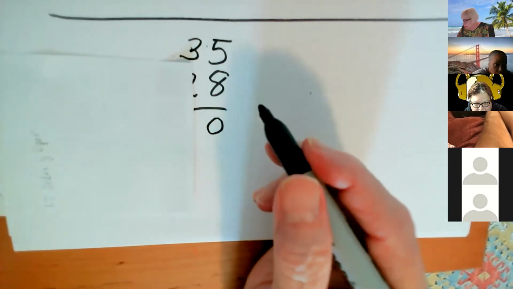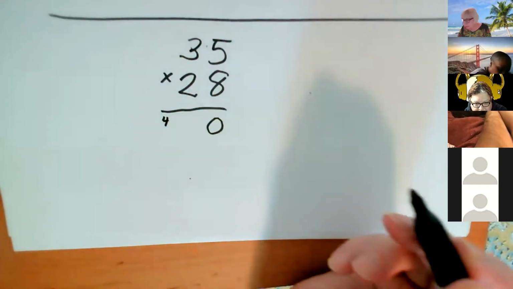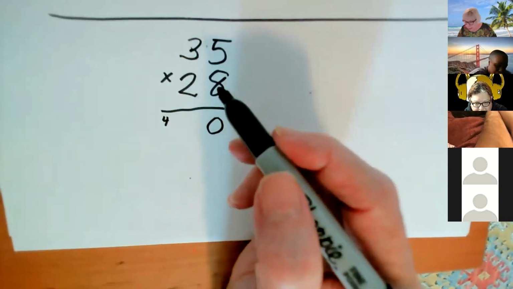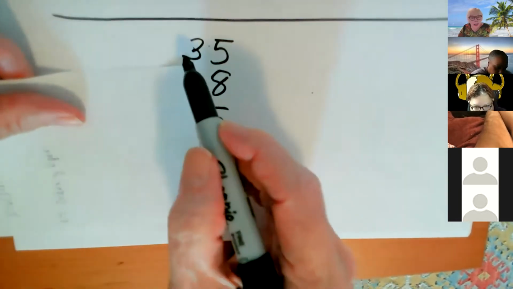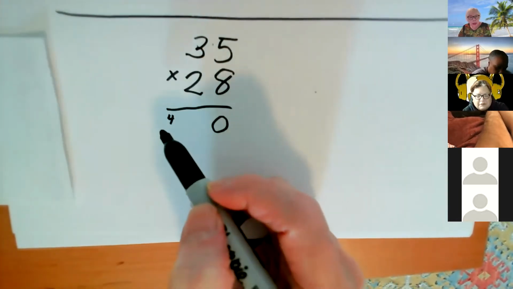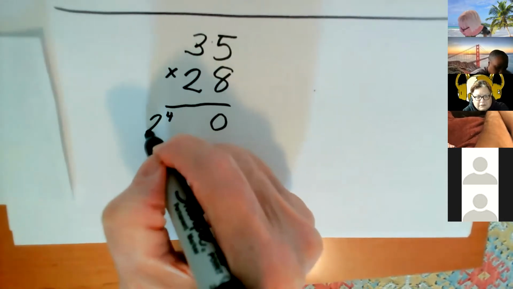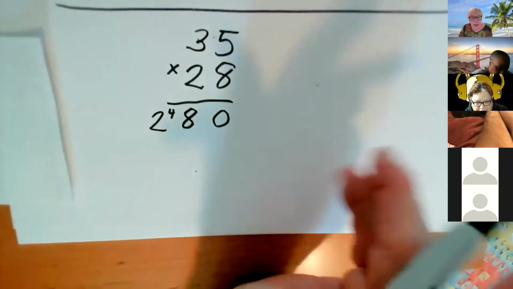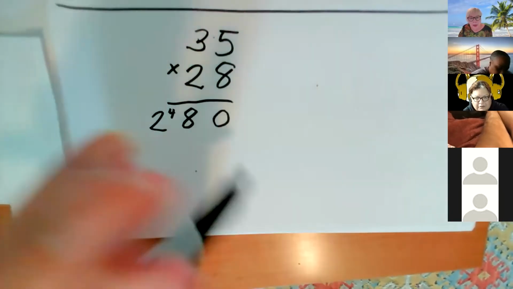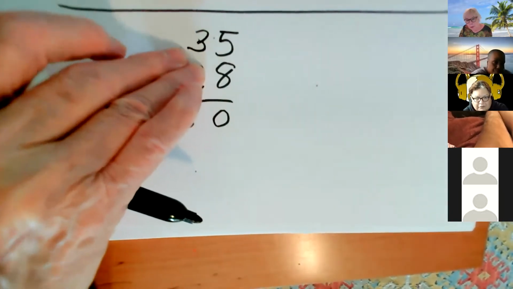And I put the 0 down and I carry the 4. And then again, I'm ignoring the 2. 8 times 3 is 24. And then 4 would be 28. Okay. So if that was the problem, I'd be done.